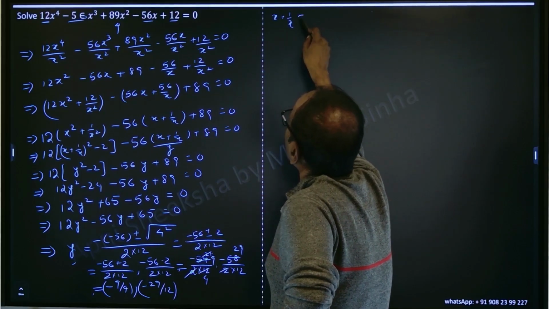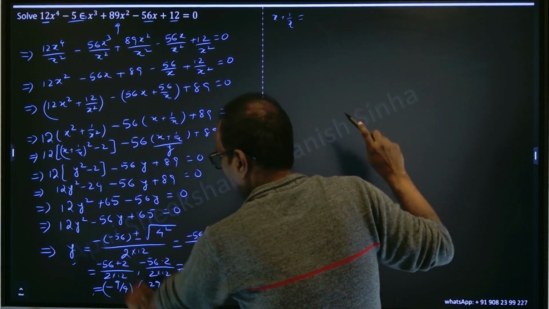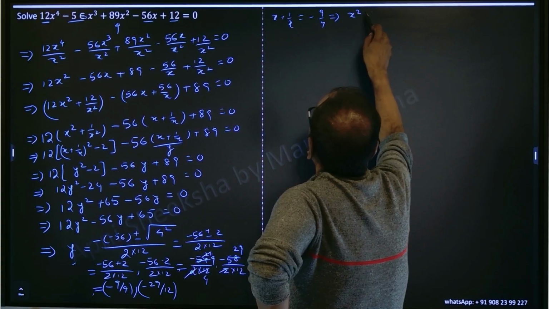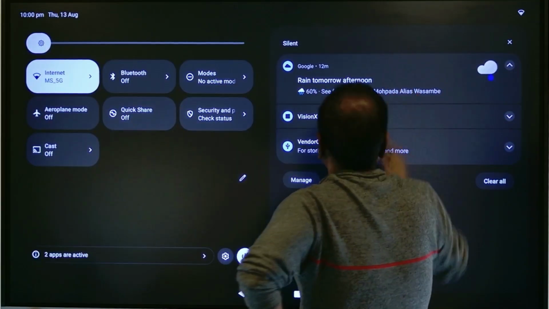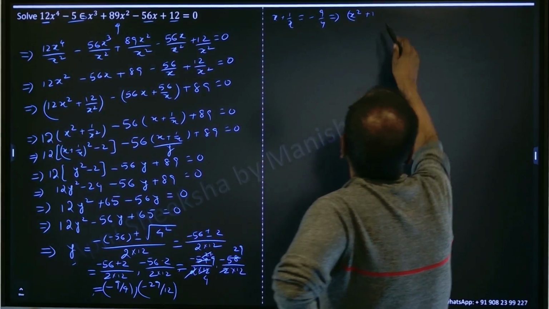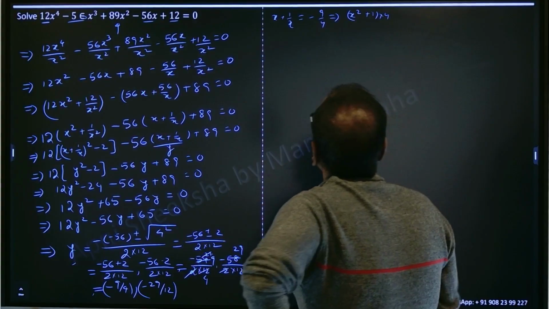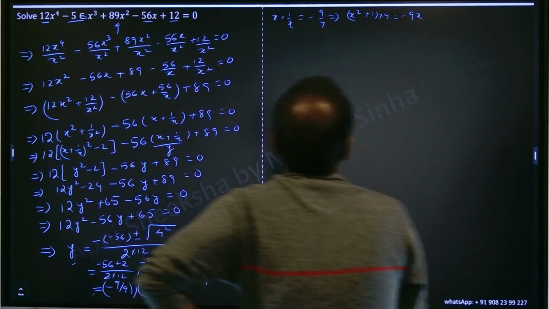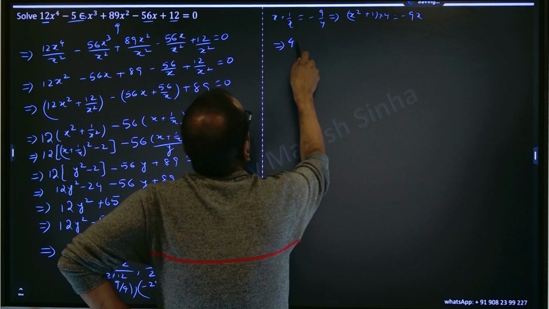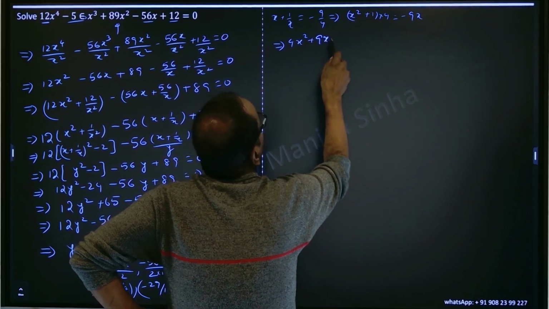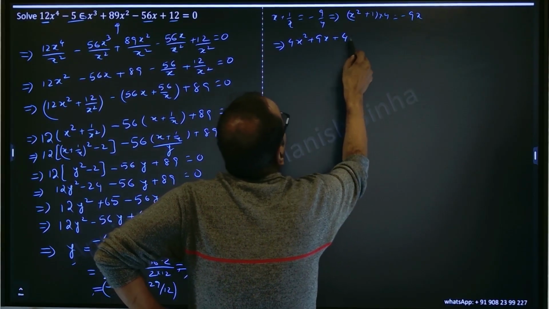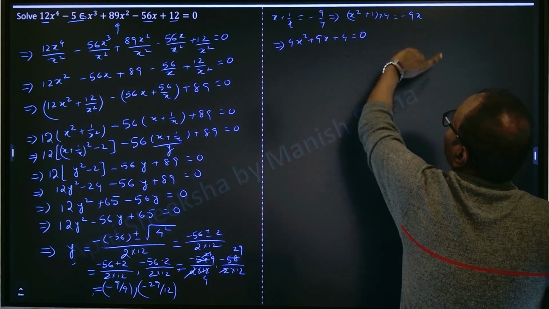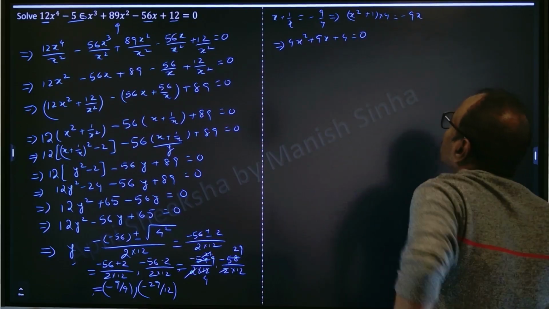So x plus 1 by x, first value is minus 9 by 4 if we take. x square plus 1 into 4, right, into 4 minus 9x. 4x square plus 9x plus 4, 0. 4x square plus 4 and minus 9x is over here, right? Okay, fine.